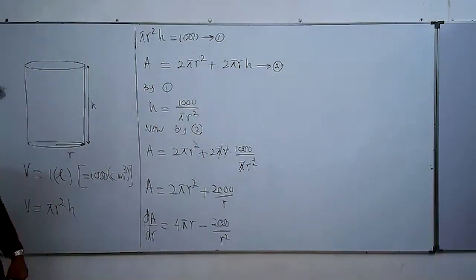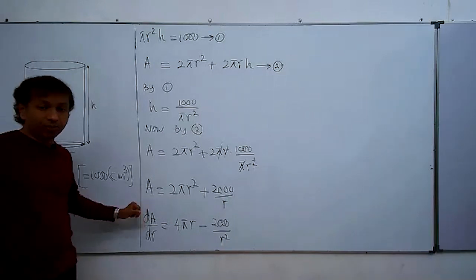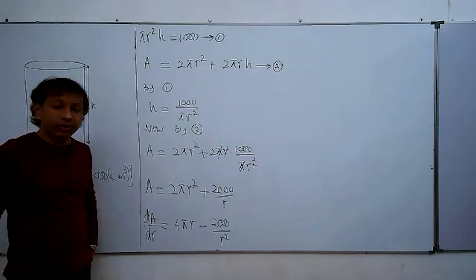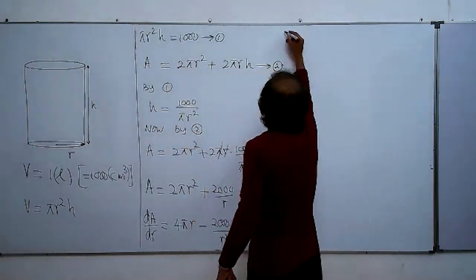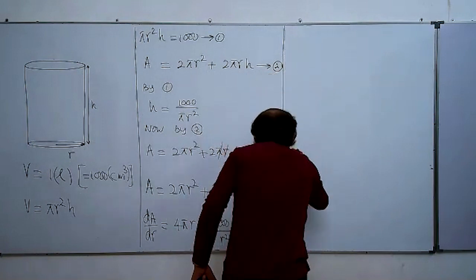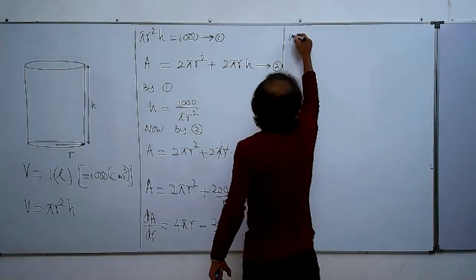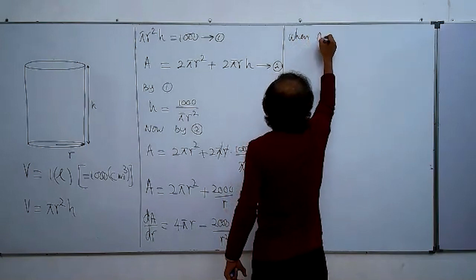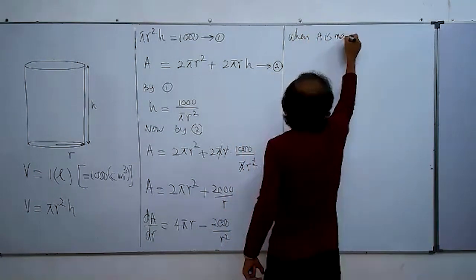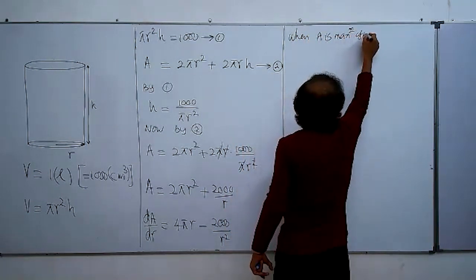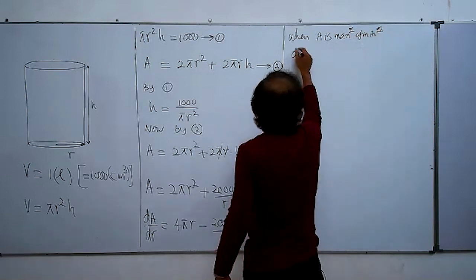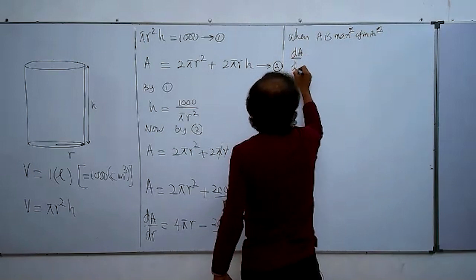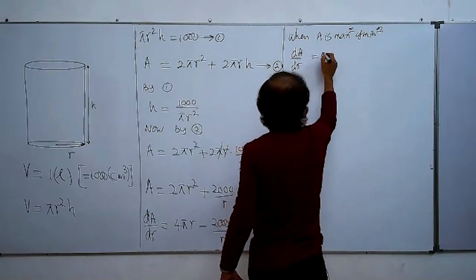Then when this A is either maximum or minimum, we know dA by dR should be equal to 0.